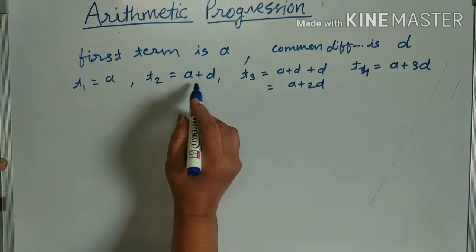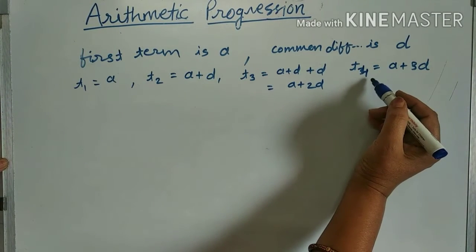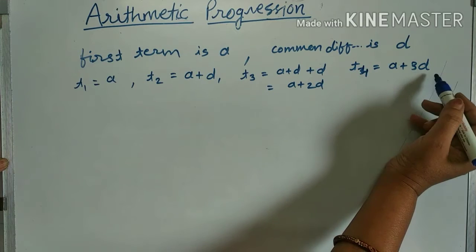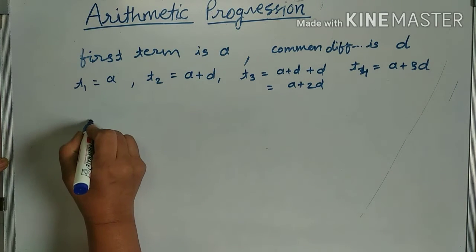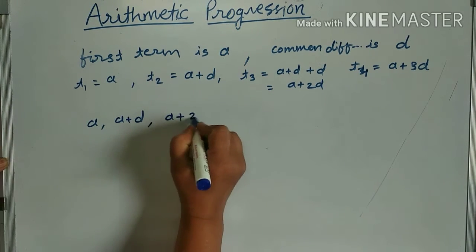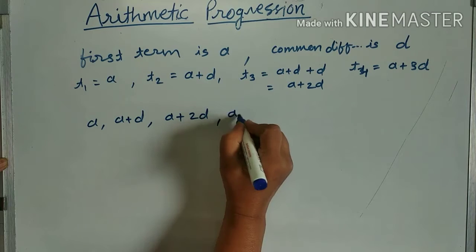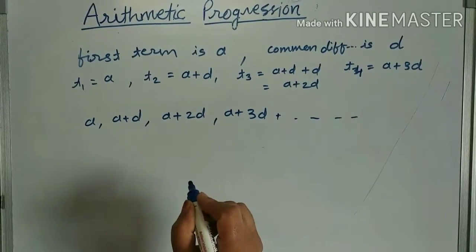First term A, second A plus D, third term A plus 2D and fourth term A plus 3D. Now the AP is A, A plus D, A plus 2D, A plus 3D and so on.